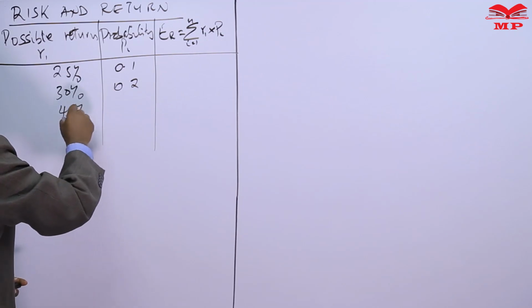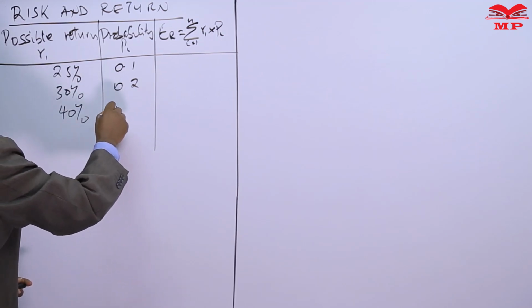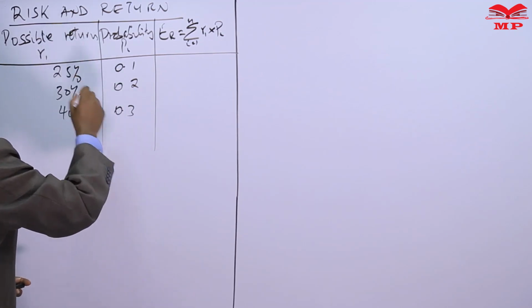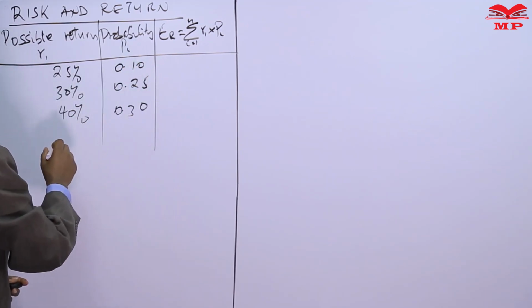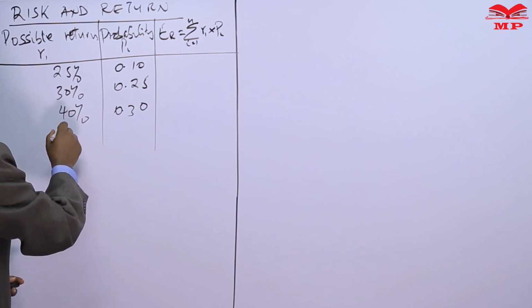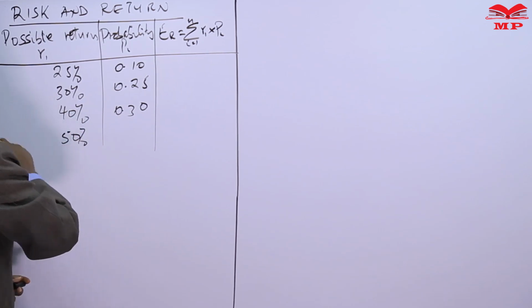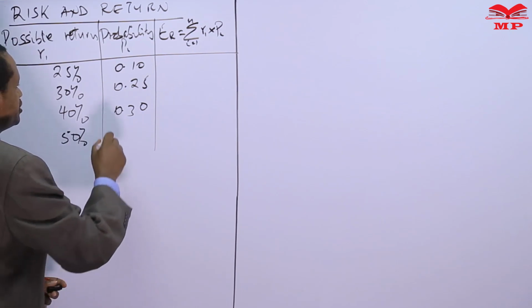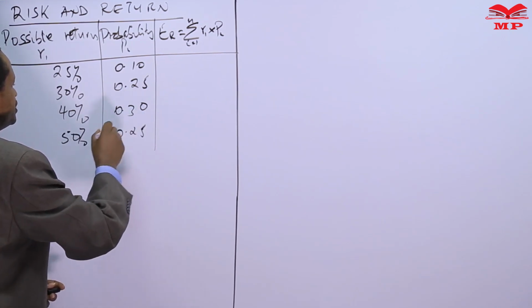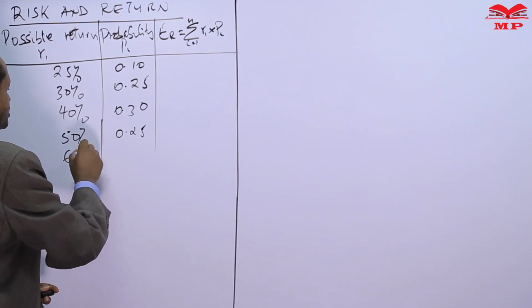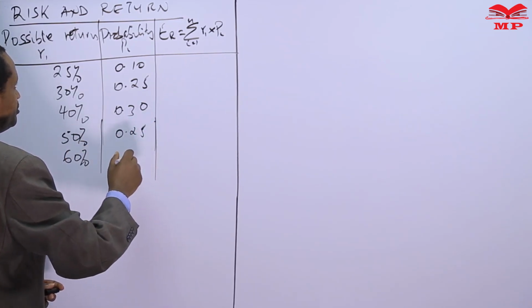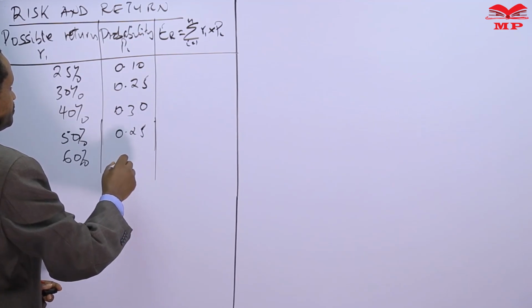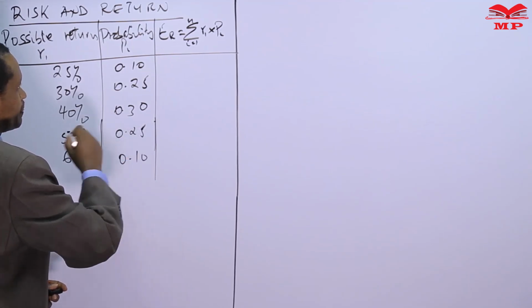Then 40%, probability of 0.3. Then a possible return of 50% with the probability of 0.25. Then lastly, 60% with the probability of 0.1.